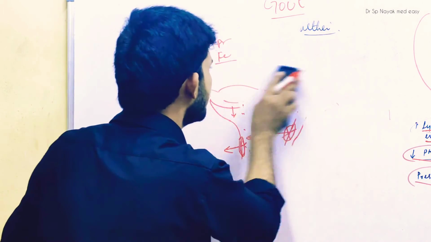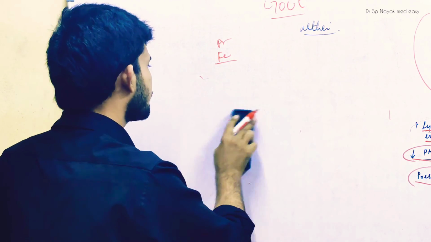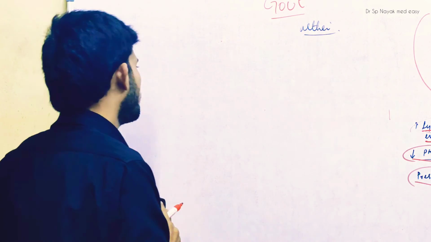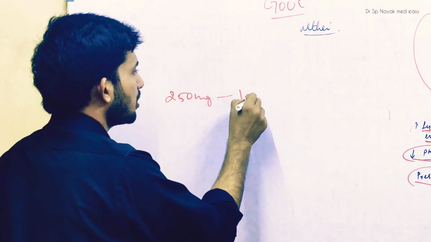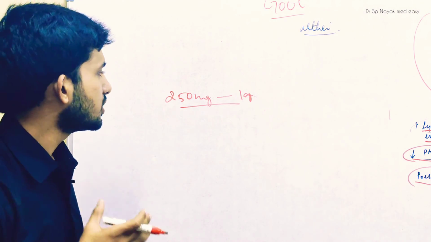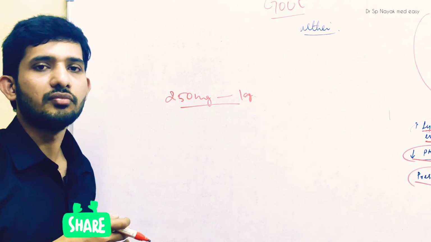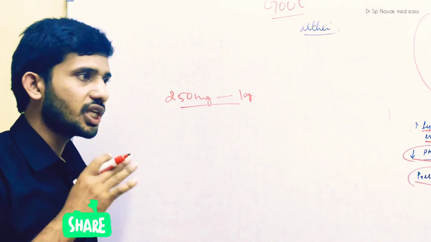And now let us see the kinetics of probenecid. Probenecid is very well absorbed from the GI tract. Usually we have 250 mg tablets, and 250 mg to 1 gram can be given per day. So this is the general dose of probenecid, and most of it is absorbed from the GI tract, metabolized in the liver and excreted through the kidneys, especially by tubular secretion.